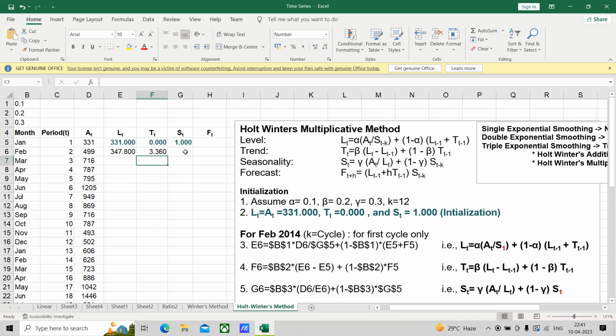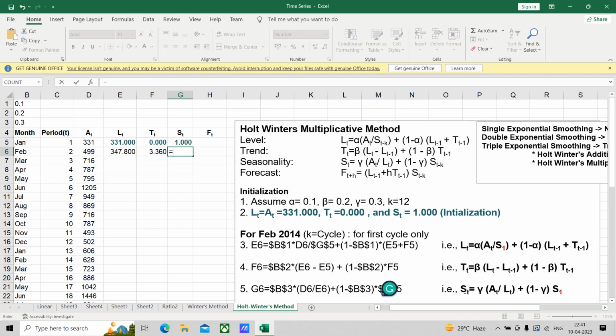Then we try to find the seasonal value. To find the seasonal value, we will apply this third formula. And in this third formula, we put equal sign to enter the formula.